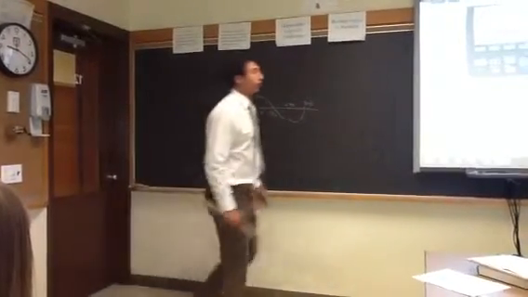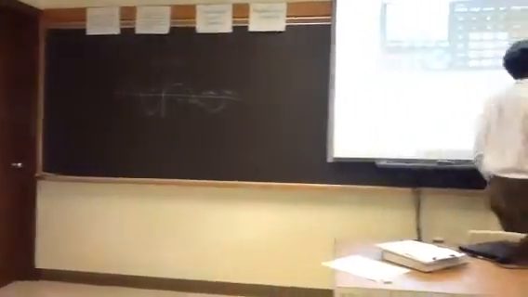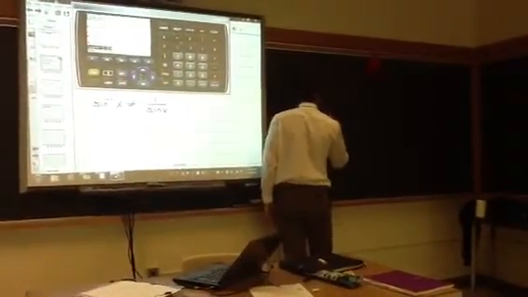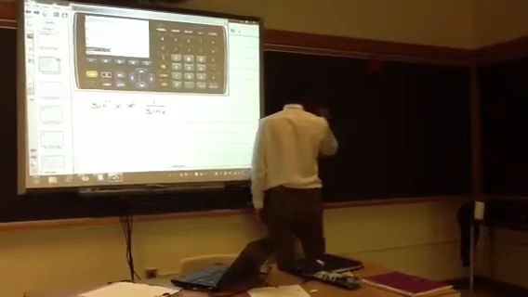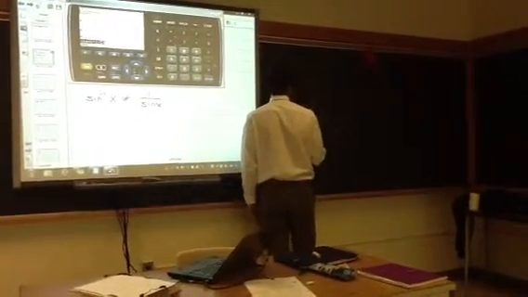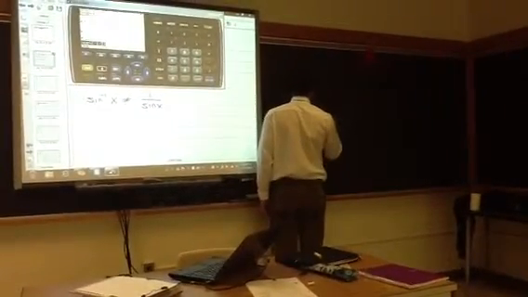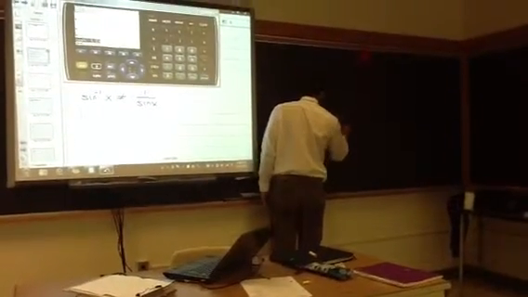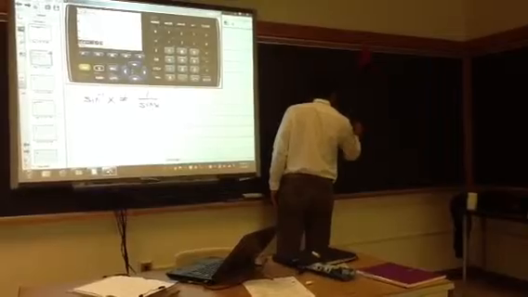If I look at the graph of cosine, my cosine is going to start up top, so it looks something like that, where here's 180, I keep going, here's 360.